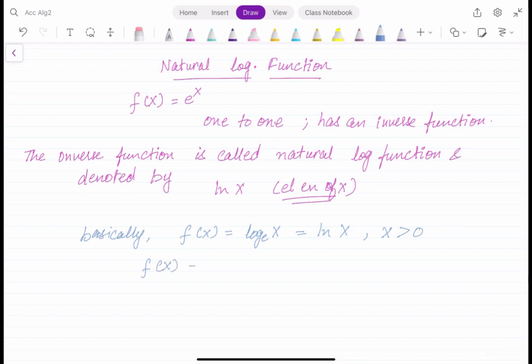By default, log has the base of 10, but when the log has the base of e, that becomes natural log or ln of x. So they are inverses of each other, just like a to the power of x and log base a of x are inverses of each other.